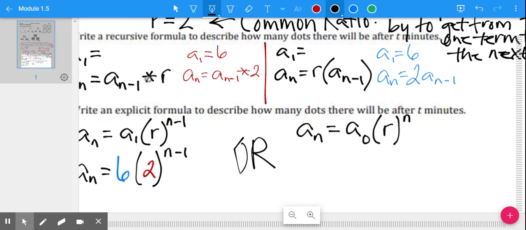So when you're using the first term, you have to have that n minus 1 in the exponent to backtrack it. When you have a sub 0, you don't, because you're already at that backtrack step. So when you plug in what you know, a sub n equals, at 0 minutes, there were 3 dots, and we multiplied by 2 every minute.